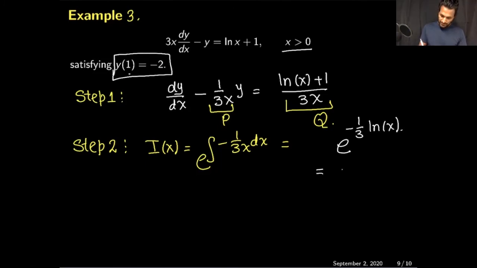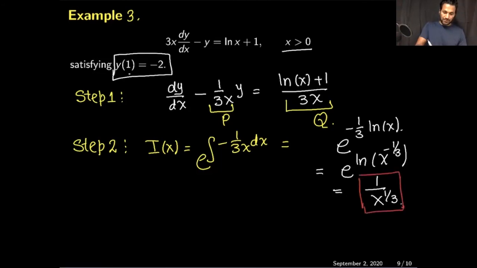So using the property of natural log, I can put that one on the top of my function, becoming x to the power negative 1/3. So this will cancel out and I have 1 over x to the power 1/3 as my integrating factor. So this is an important function for us to write down the solution of our differential equation.